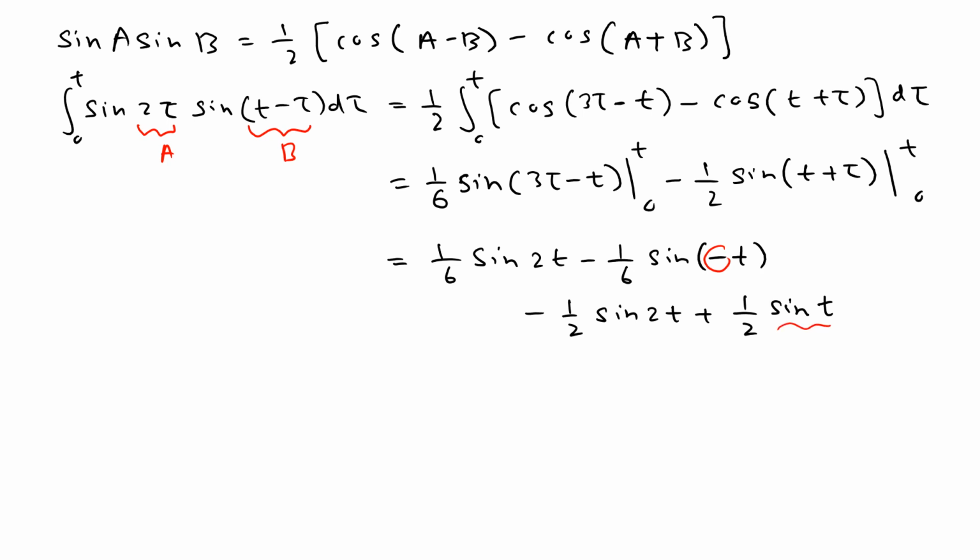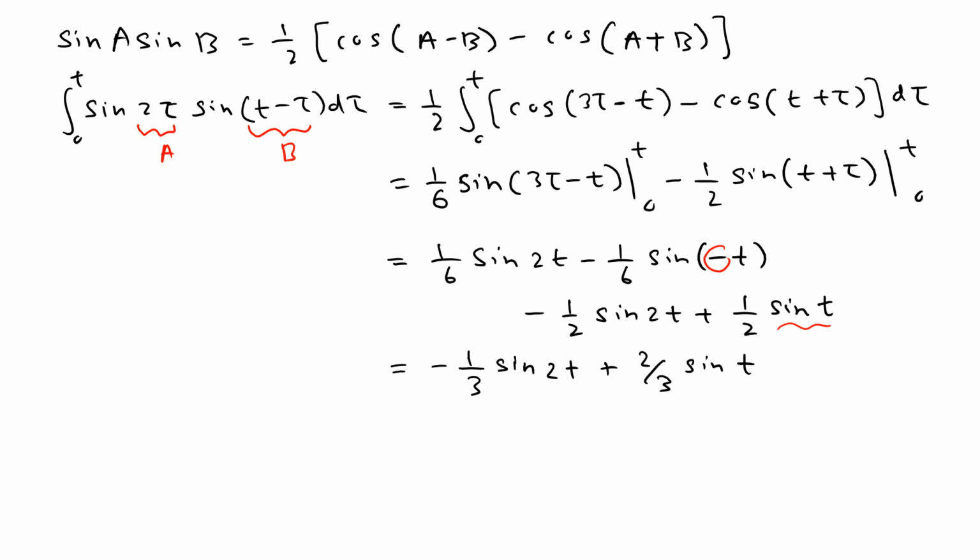So what simplifications can we do? Finally you have to add the two, and you simply end up getting negative 1/3 sine 2t plus 2/3 sine t. That's what you get.